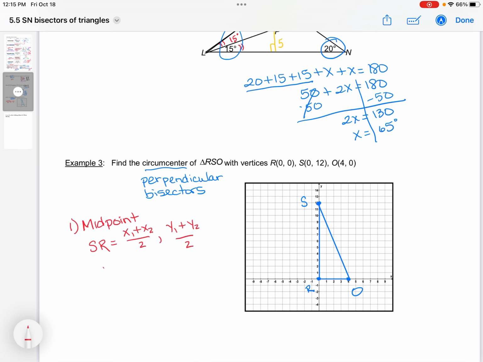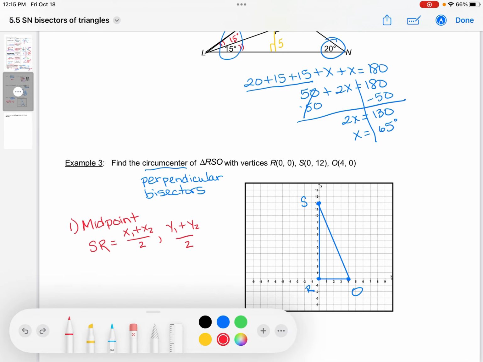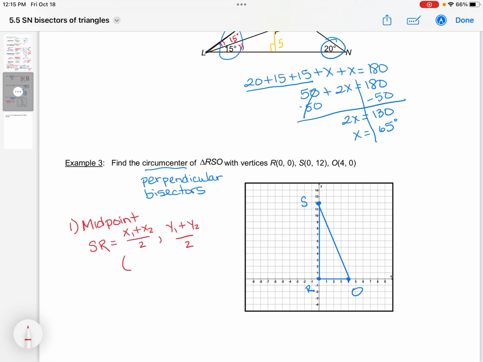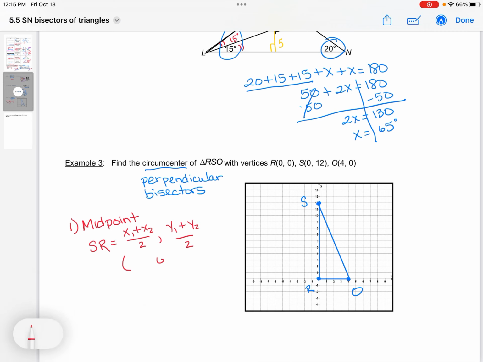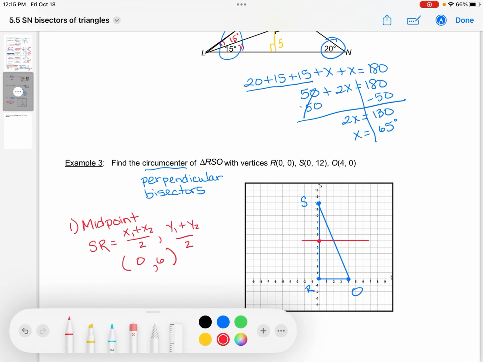Luckily, they both have zeros, so the midpoint of SR is going to be 0 plus 12 divided by 2. Nope, that's the y value. And the x value is 0 plus 0 divided by 2. So 0, 6 is the midpoint. And since I'm on a graph, it's easy for me to draw a perpendicular line because it's just going to follow the graph.